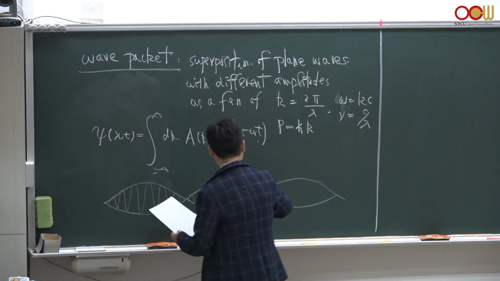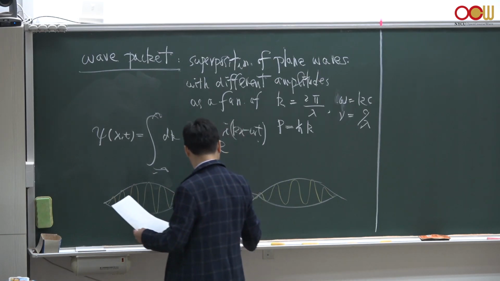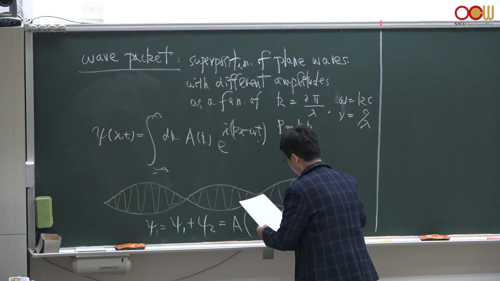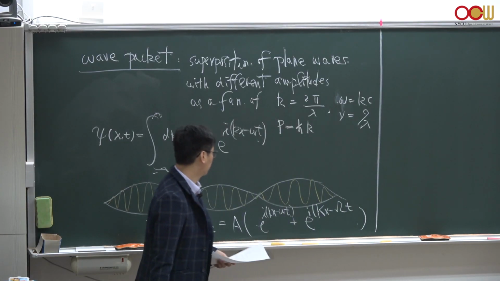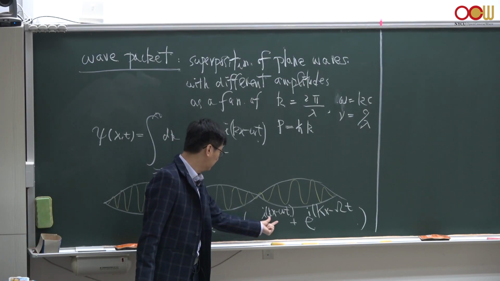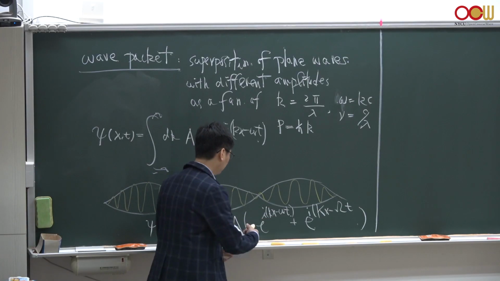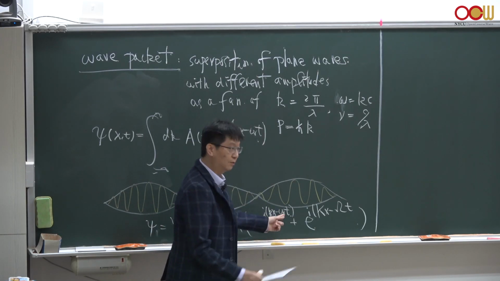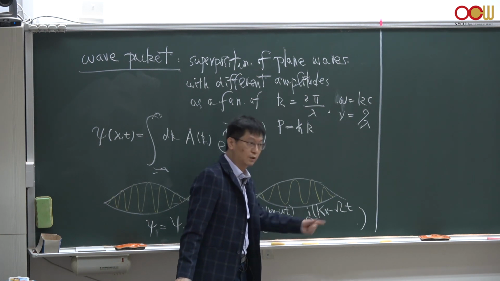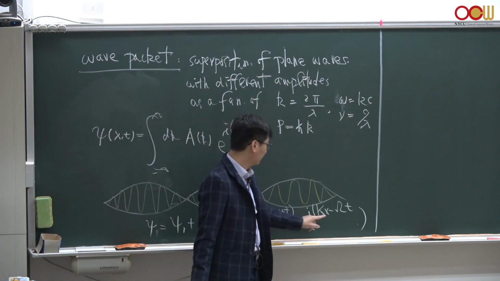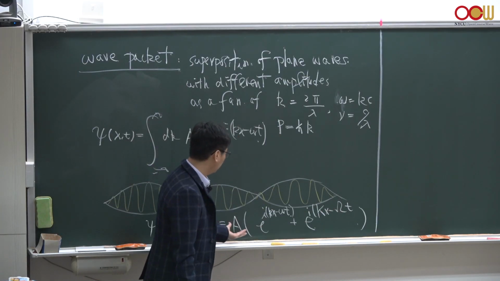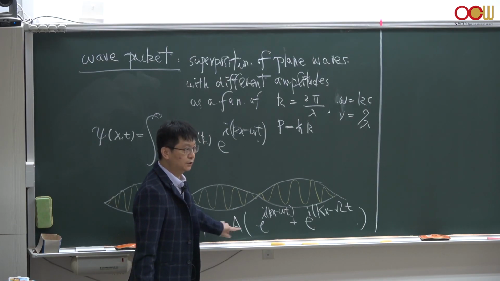You could superimpose two plane waves with the same amplitude and different frequency and wave number. Suppose psi1 is a free plane wave with wave number little k and frequency little omega, but psi2 is another free particle wave function carrying a different wave number capital K and capital omega. You superimpose these two wave functions, which carry the same amplitude.